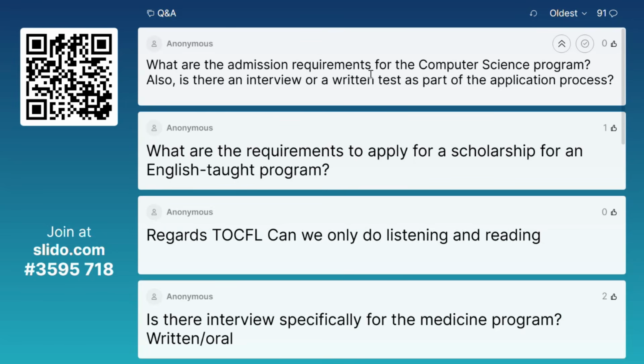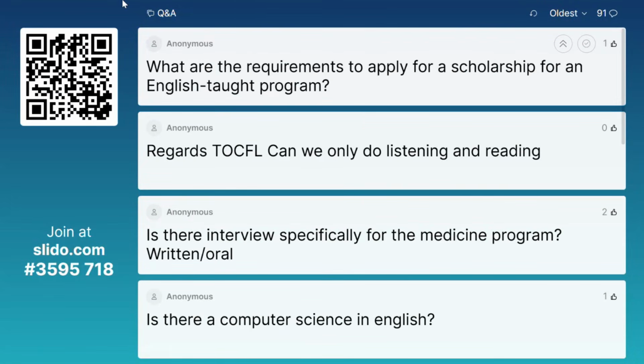So you have to check our website, and go to the section for NTU admission for overseas Chinese students. Then you will see all the available programs and their application requirements. And there will be a section stating whether this department requires a written exam or interview. If yes, there will be more information on our website.